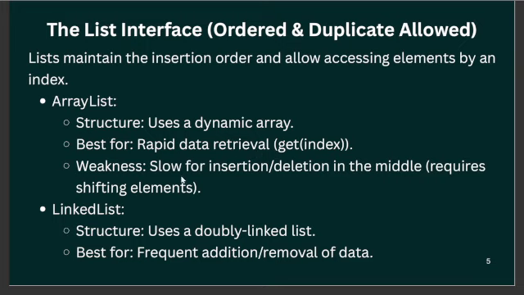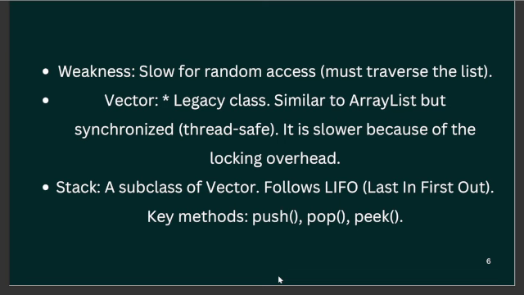The weakness of ArrayList is that it is slow for insertion or deletion in the middle, as it requires shifting elements. The next is LinkedList, which uses a doubly linked list and is best for frequent addition or removal of data. Its weakness is that it is slow for random access, since it must traverse the list.